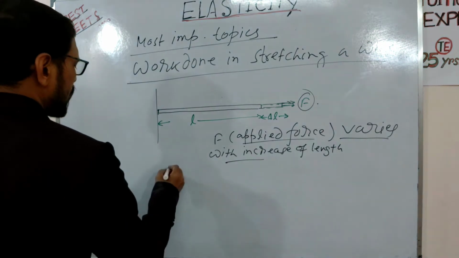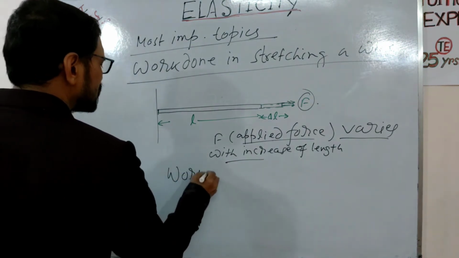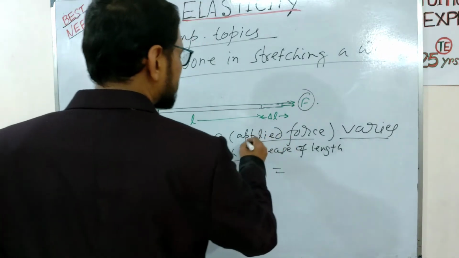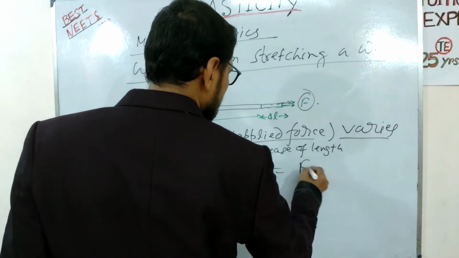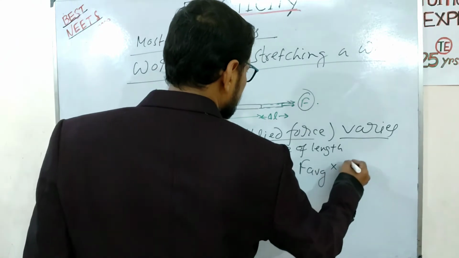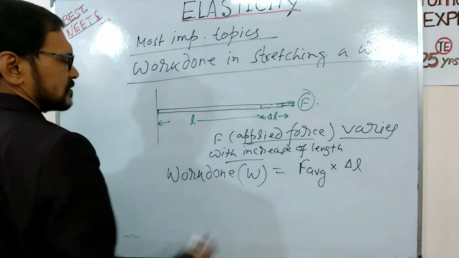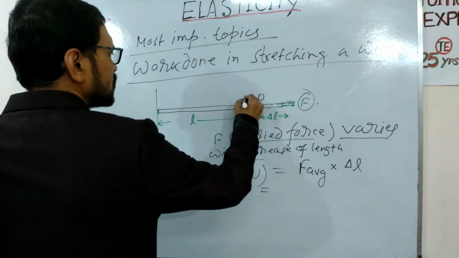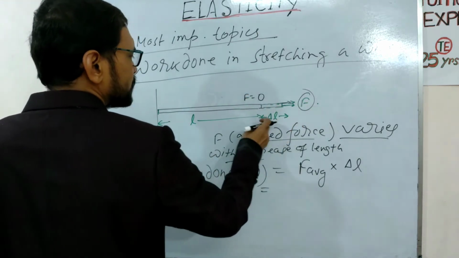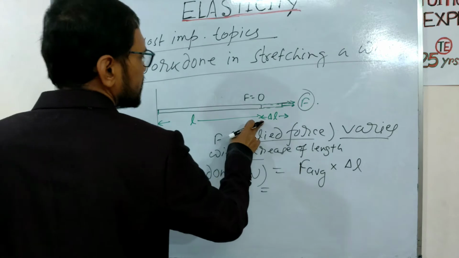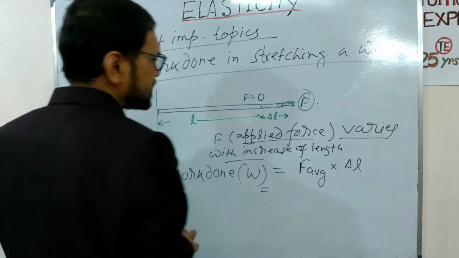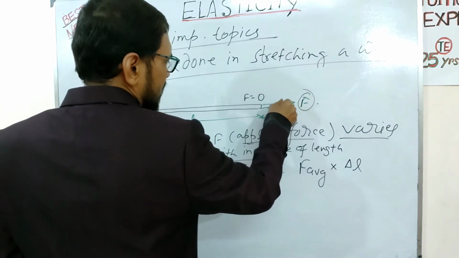Now what is the work done? So work done W equal to, for a variable force, we can apply average force into displacement del L. So this is easy. Average force: initially force is 0, and finally when the extension is del L, then the force is F. That is, F is the maximum force at the end.